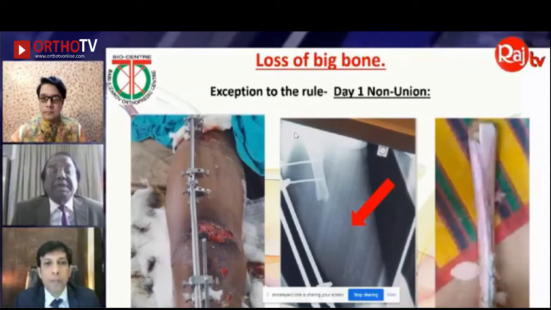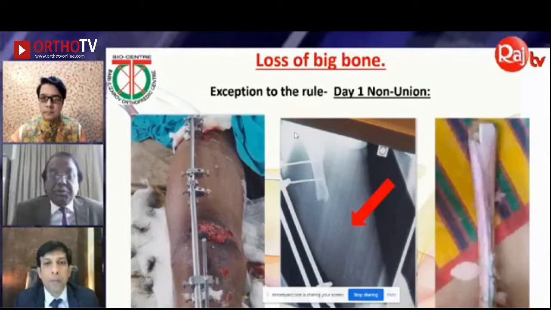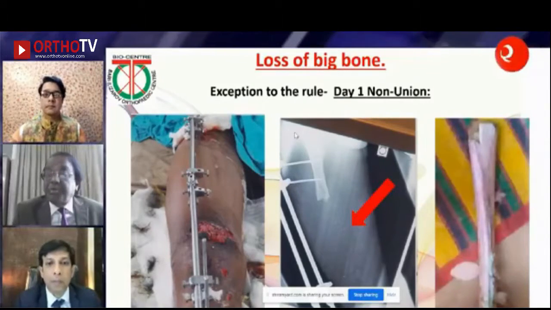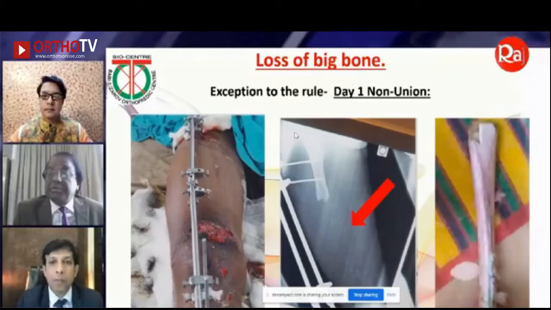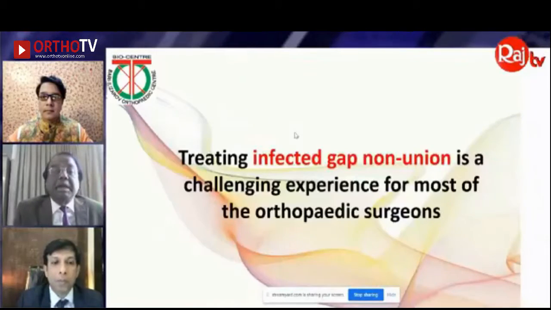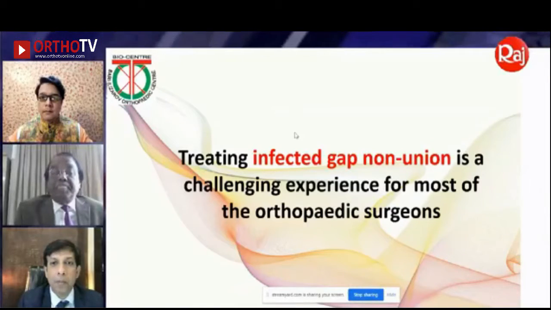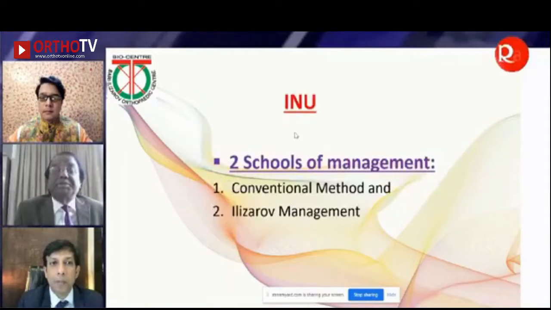So not all the time 6 to 9 months. You can see here at the right side the exposed bone. And treating infected non-union is all the time a challenge for orthopedic surgeons.